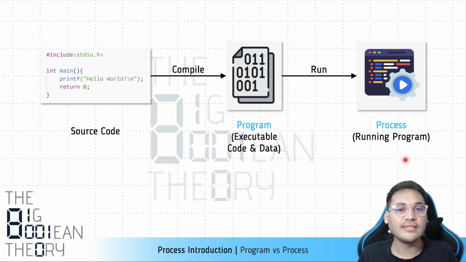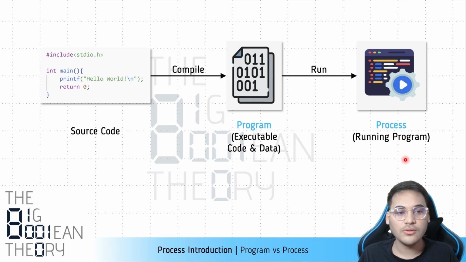So this is an activity that is going on. So that is the basic difference between a program and a process, right? A program is just a file, and a process is a running program. It is when we launch that program that it becomes a process. The program is a passive entity, right? And the process is an active entity. So these were the basic differences that we studied in the previous video.